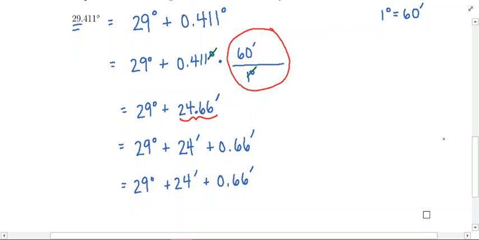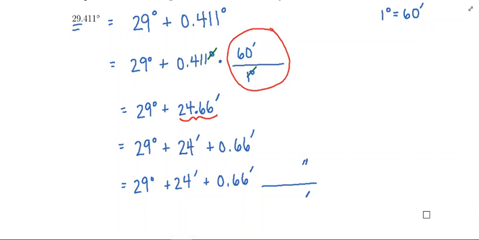We need to introduce seconds, so you're going to want the minutes to go away. Since you have minutes in the numerator, minutes are going to go in the bottom, and you're going to introduce seconds, the double prime, into the numerator. At the end of the day, the minutes will cancel and leave you with the seconds portion.